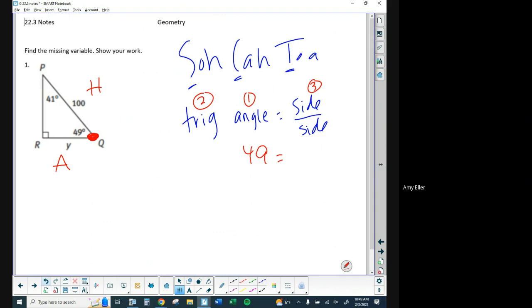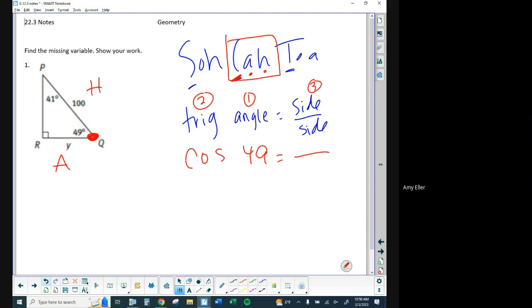Now, think about which trig function we should pick. We have an A, adjacent side, and hypotenuse. Adjacent and hypotenuse. So which trig function does C stand for? Cosine. So please write cosine. That's the hardest part, getting the right function.